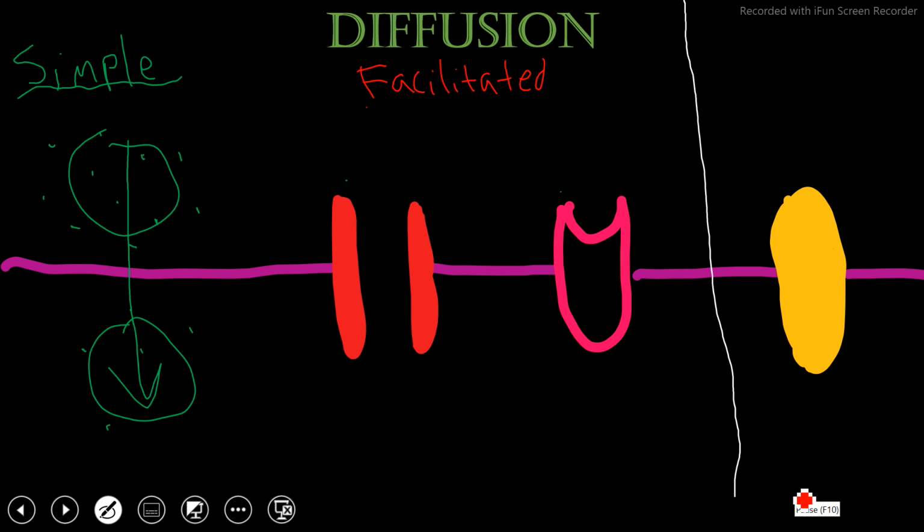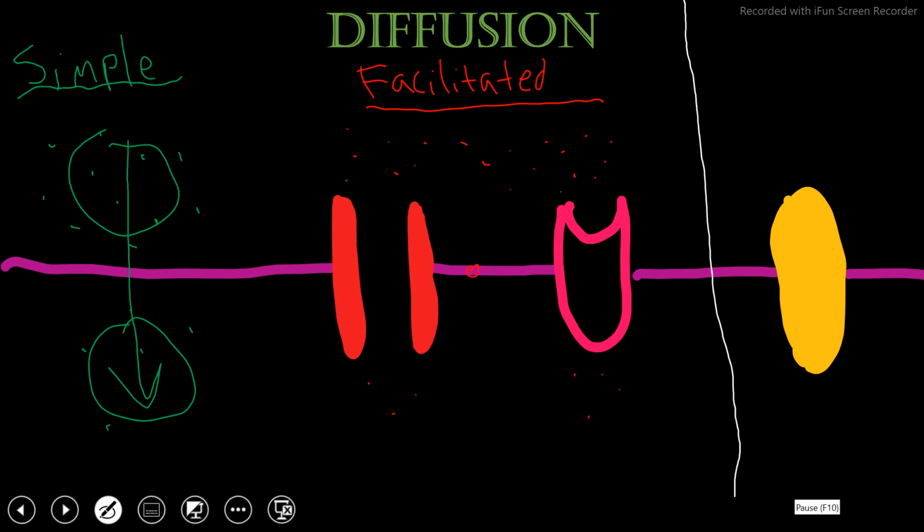Next we have facilitated diffusion. Facilitated diffusion just means these molecules need a protein to help them get past this phospholipid bilayer. So let's do the same, high concentration here and low concentration in here.